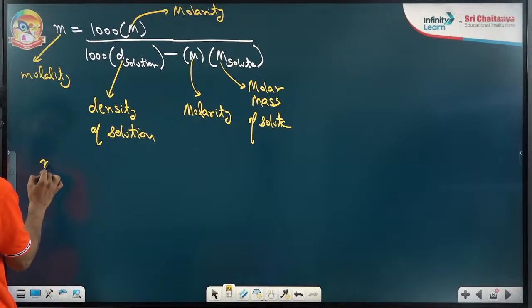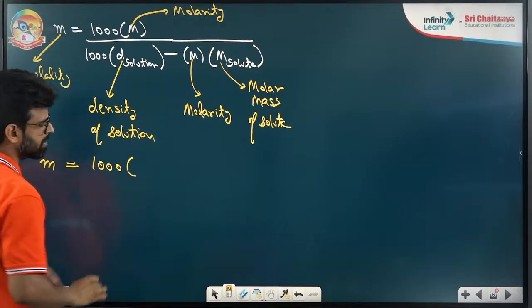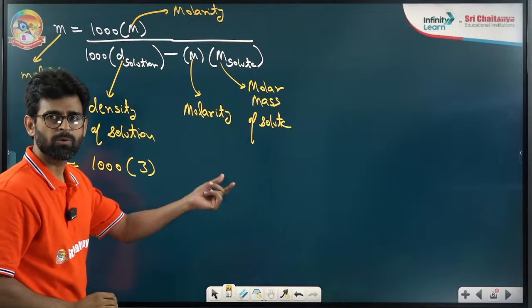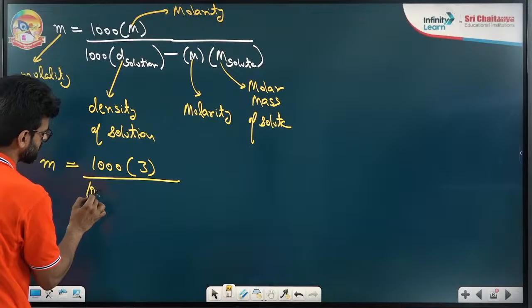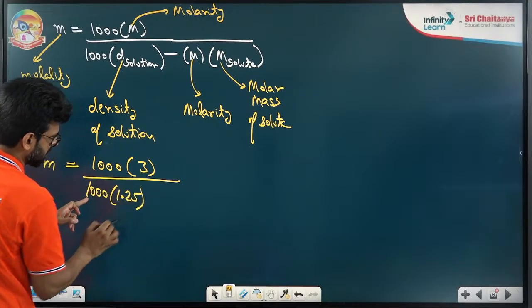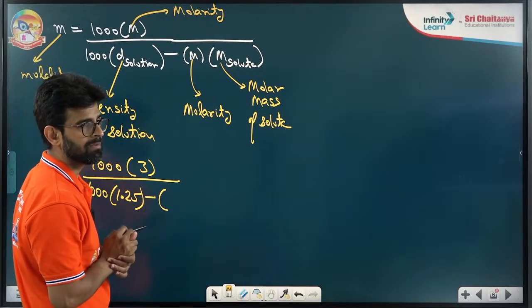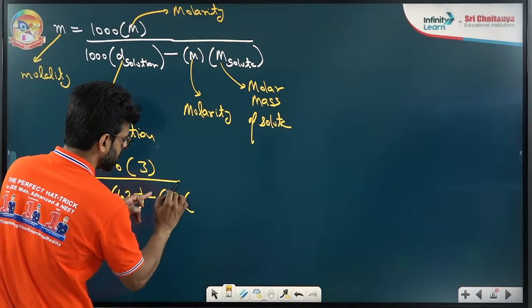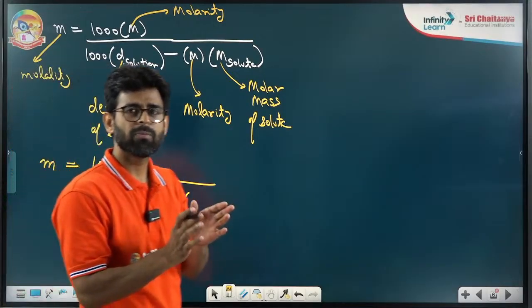I want to find molality. How? 1000 into the molarity, which was given as 3. In the previous question, molarity was 3. 1000 into 3 divided by 1000 into density, which was 1.25, minus the molarity, which was 3, into the molar mass of solute. It was Na2CO3, which has a molar mass of 106.